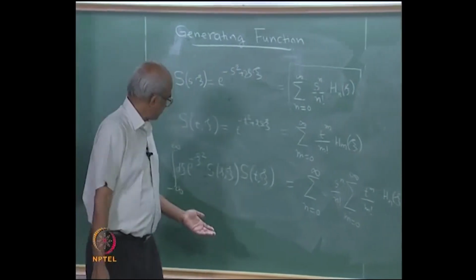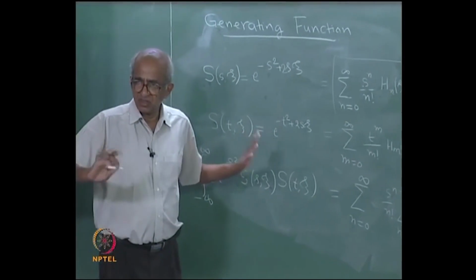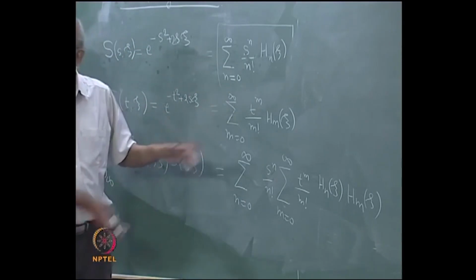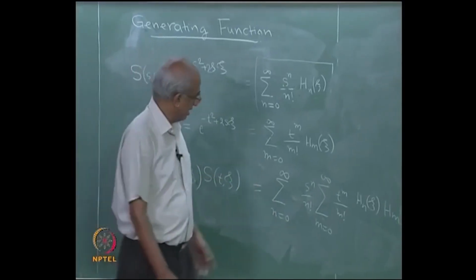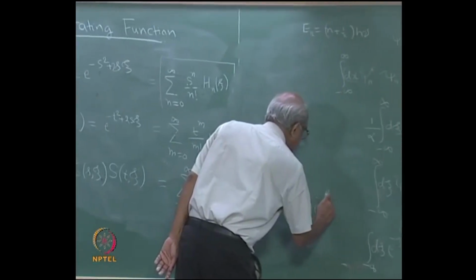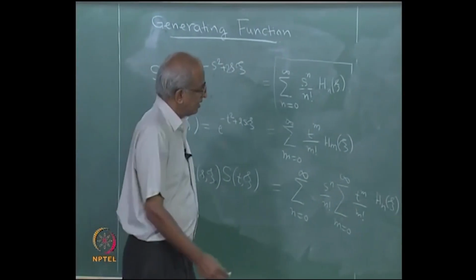All that I have done is I have just substituted the expansions for these two, nothing more, no manipulations. This is defined to be equal to that, while that is defined to be equal to that. So, just multiply the two together and you get this result, and then of course, you will have to put an e to the power of minus c square, because you have to have that.